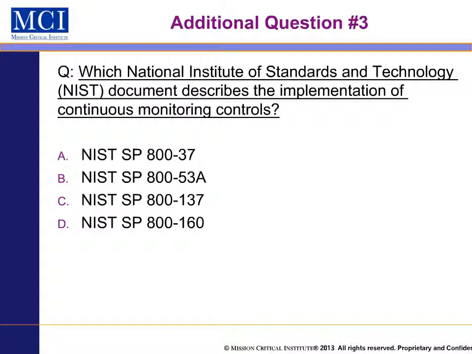Let's look at B, NIST Special Publication 800-53A. This is the document that describes assessing security and privacy controls in federal information systems and organizations. So this describes how to assess the security and privacy controls that have been implemented. One of our keywords from our question is controls, and some of those controls are continuous monitoring. So again, that could be possible.